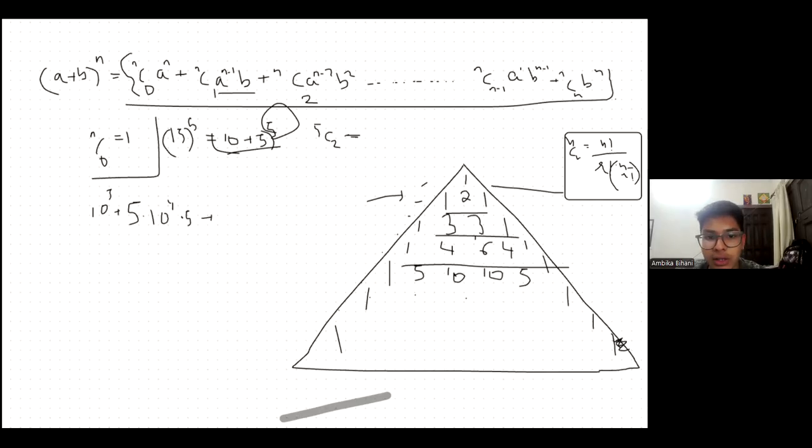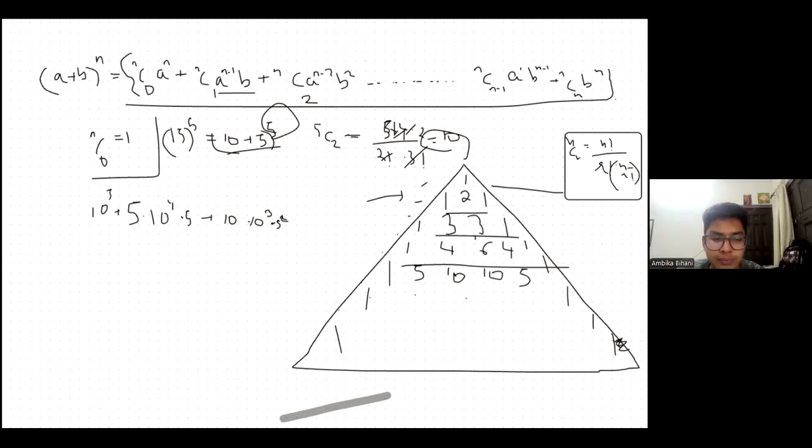So that is 5 factorial upon 2 factorial into 3 factorial. Just by visualizing, you can see that the 3 factorial cancels out, and I am left with 5 into 4. 2 factorial will cancel out with 2. That means we have 10. The coefficient is 10. So that is 10 into 10 to the power n minus 2. You have to just keep on doing minus 1. That is 10 cube into 5 square.